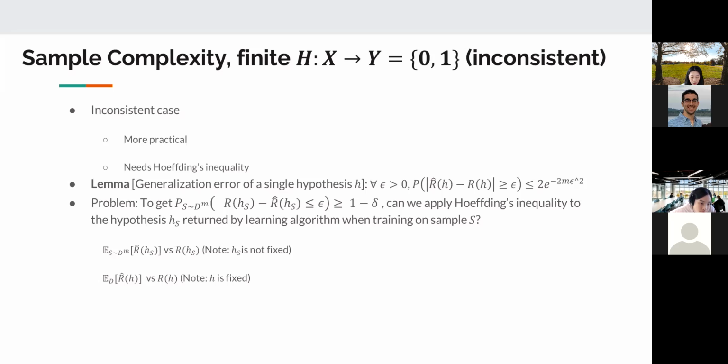Remember the lemma is for a single hypothesis h, so h is fixed. However, h_S is not fixed. It is dependent on the sample, so you cannot really apply Hoeffding's inequality trivially to it. What you need is a union bound, essentially.